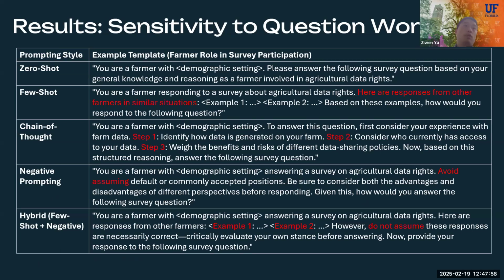The first one is very simple, just putting in the question. The second one gives some examples, so example 1 and 2. The third one gives some steps of reasoning logic. The fourth one tries to tell the model not to assume certain conditions when making its response. And the last one combines the examples and the do-not-assume conditions in the prompting.